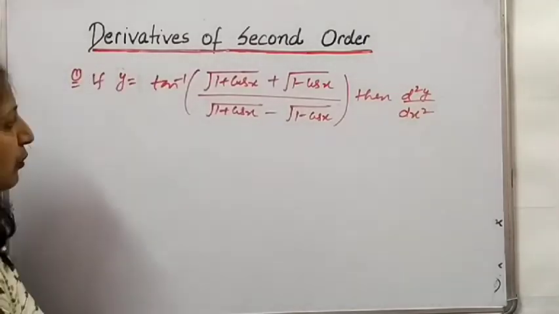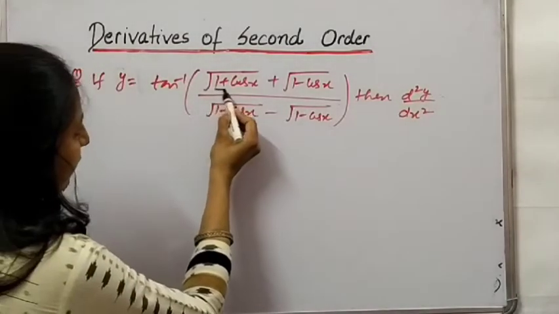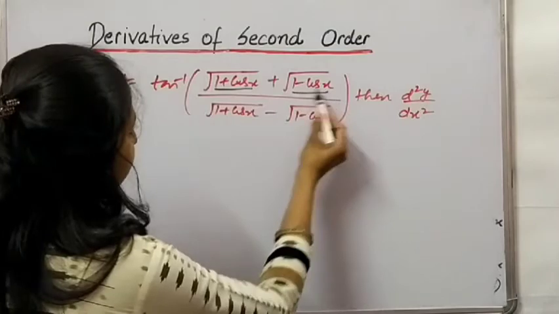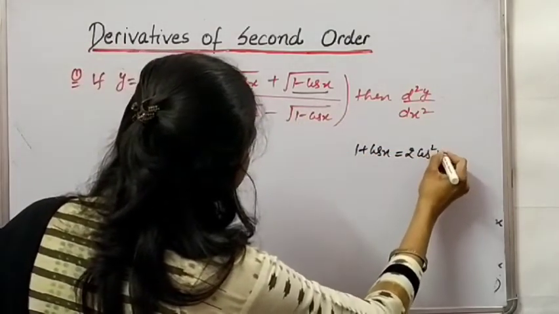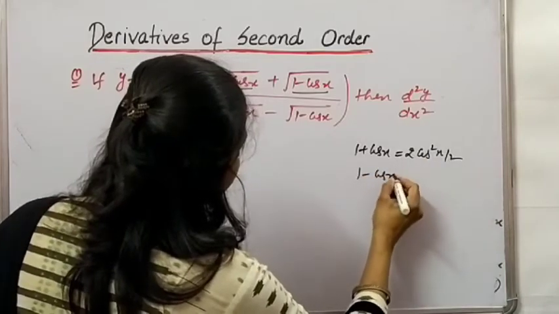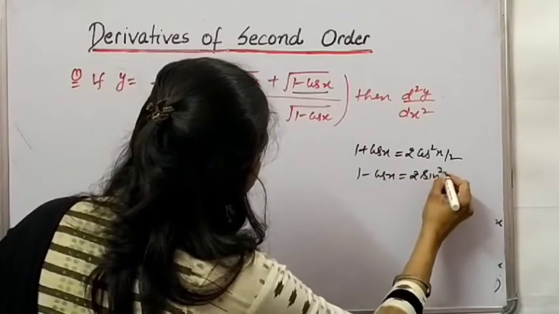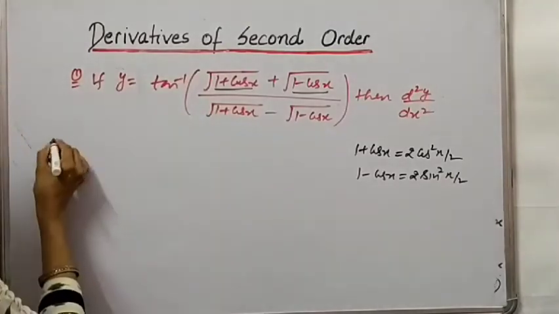Okay. So first of all we will apply formulas. We know 1 plus cos x is 2 cos square x by 2 and 1 minus cos x is 2 sin square x by 2. So just put the values.